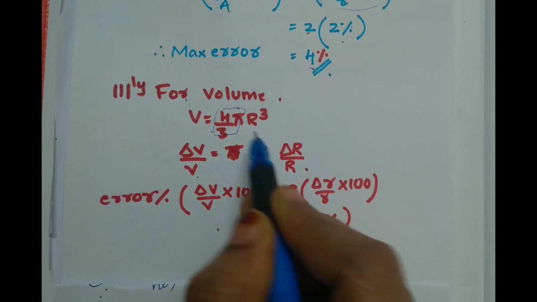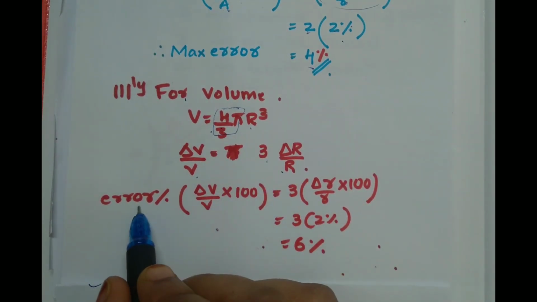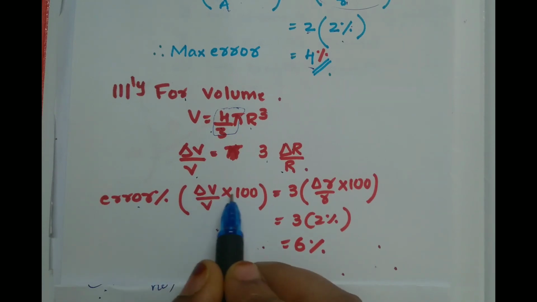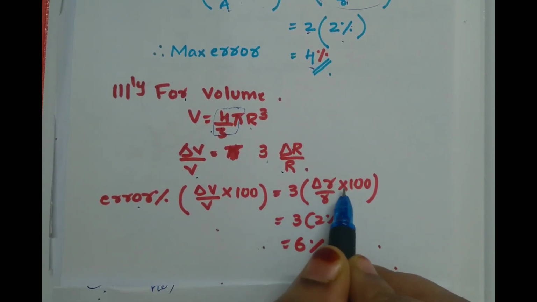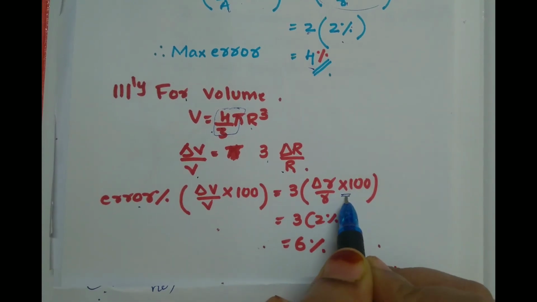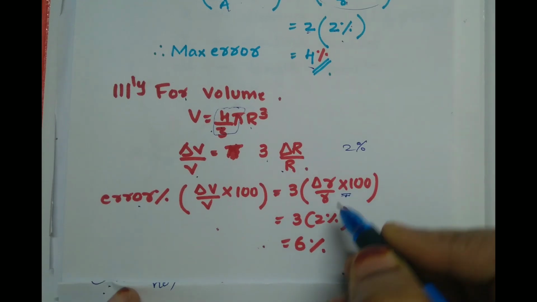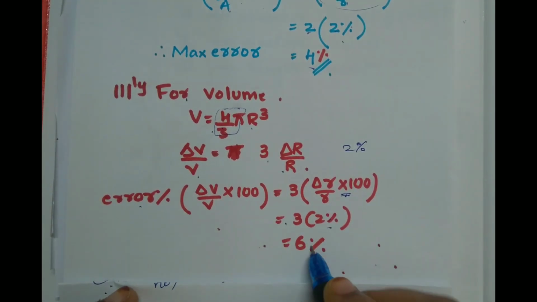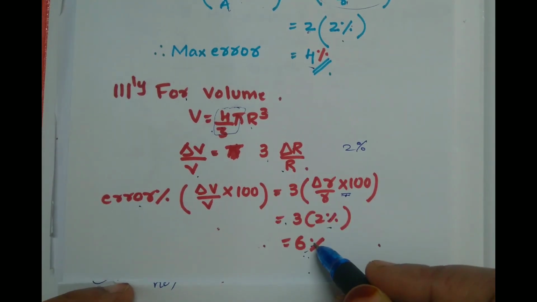This 3 comes here, that is delta r by r. Then since you are finding the percentage, you will write delta V by V into 100, that is 3 into delta r by r into 100. This value has been given to you, that is 2%, right? So you can write here 2%. So 3 2s are 6. That means the total error in the measurement of volume is 6%.